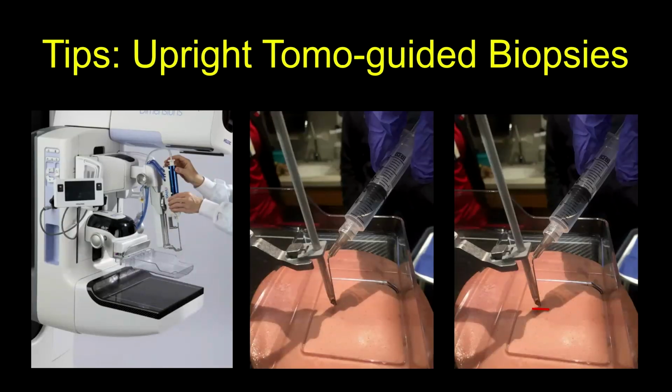So here, these are some tips I learned by mistake sometimes of doing tomo-guided upright biopsy. To your left is an upright biopsy unit mounted on a mammogram equipment. In the middle, as you can see, with the current available equipment, this needle comes in at a slanted angle towards the breast.